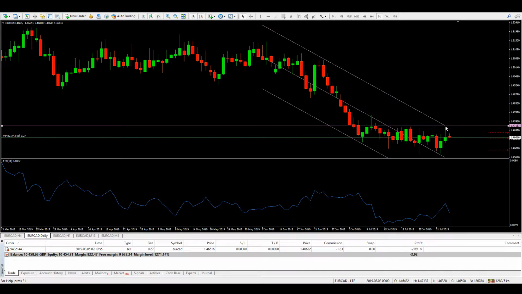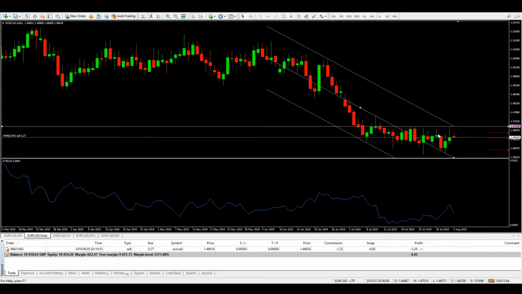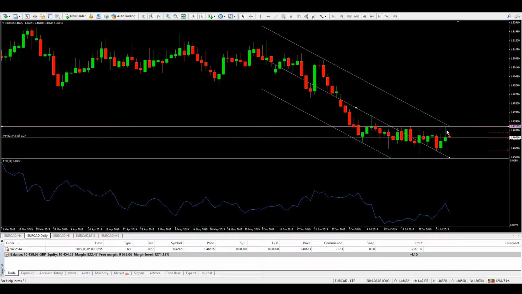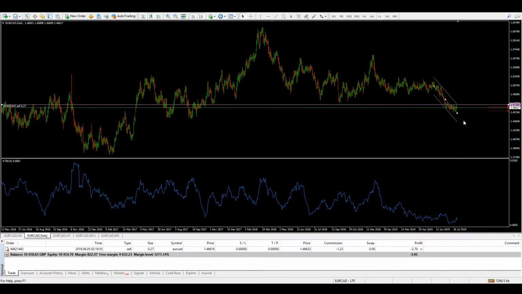This also interacts with our standard deviation channel, which I have around the price here on the daily chart. So this gives two reasons for why the price could find trouble moving higher, at least, and the downward movement we've seen also gives some context to be short on this.